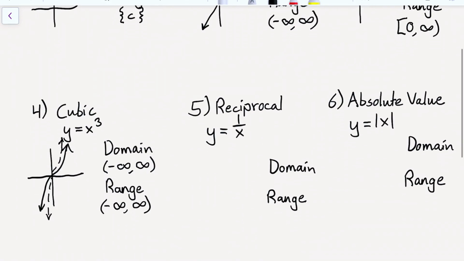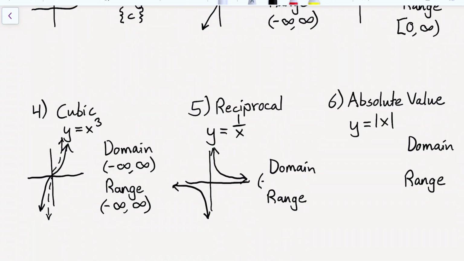We go on to a reciprocal function. This is one of the most unique functions, and it is drawn in two different parts. It has a positive side and a negative side. y equals 1 over x looks like this. This function never touches the x-axis or the y-axis. It just gets closer and closer to the x and y values of 0 as the graph goes out to infinity.